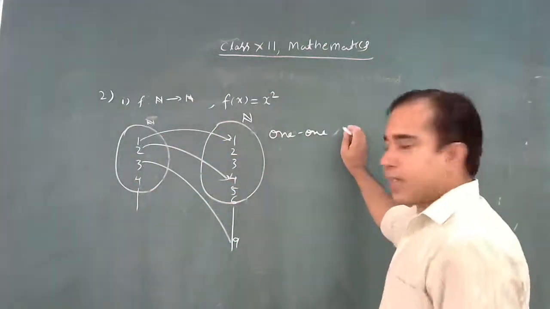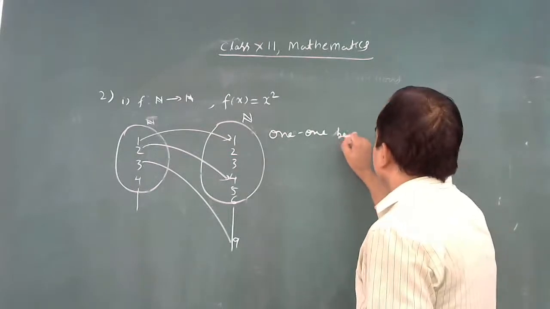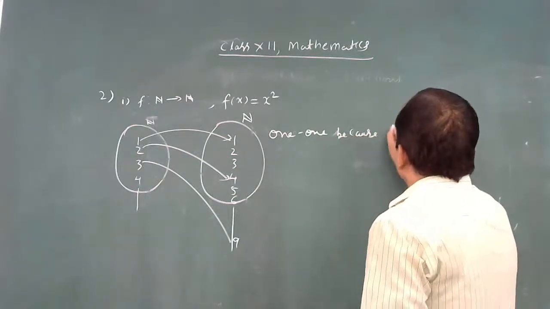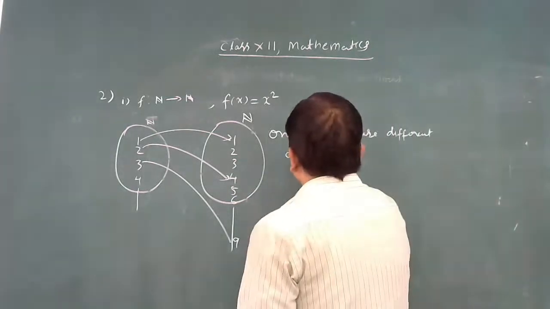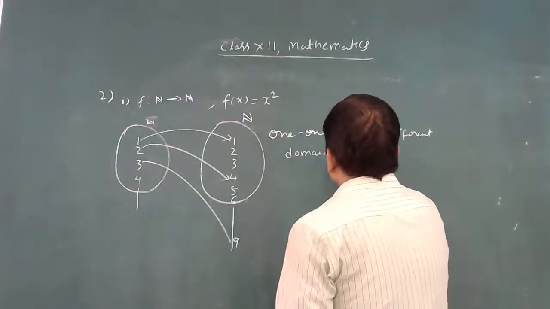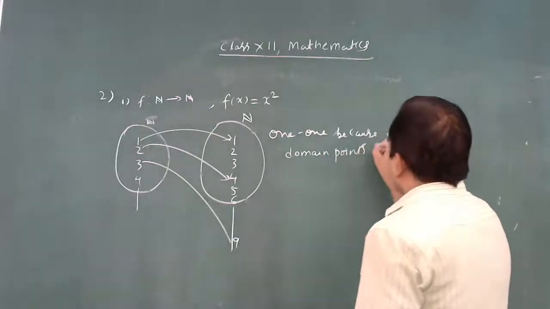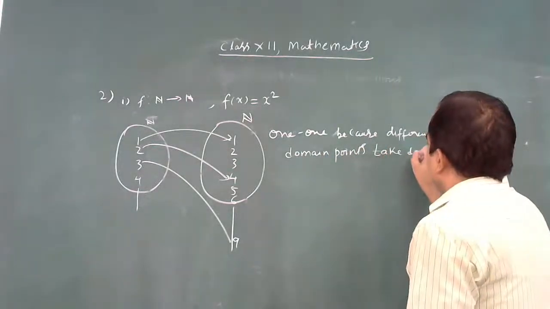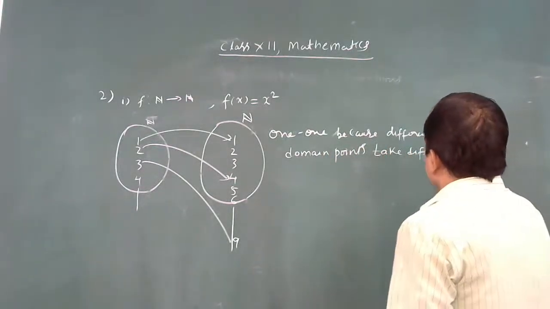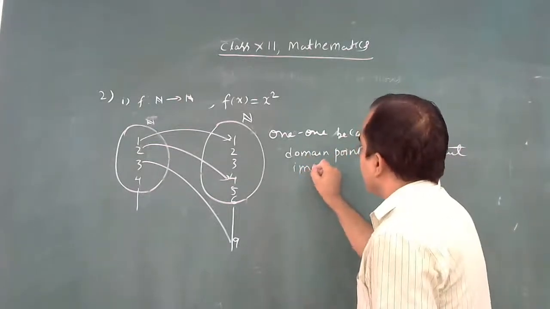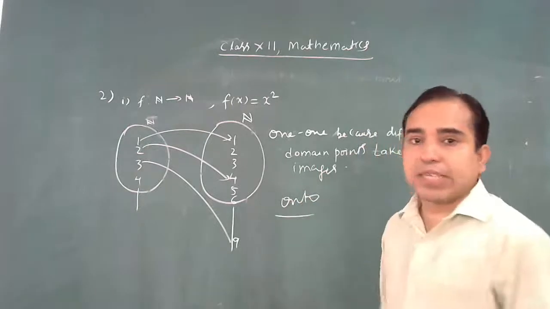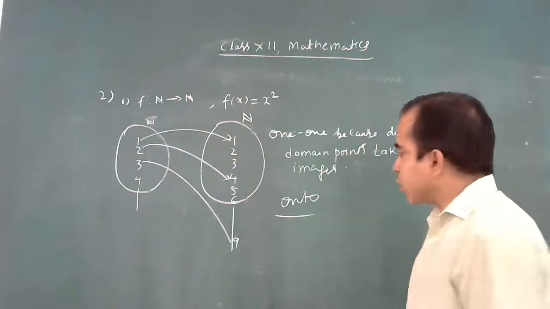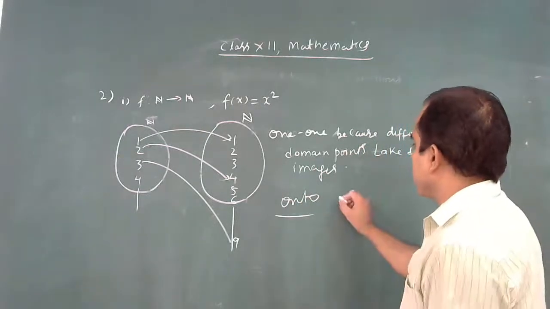चलिए इस पार्ट के लिए लिख लेते हैं कि 1 1 because different domain points take different images. ठीक है. Onto-ness because range is not same as codomain. ऐसे लिख सकते हो या फिर ऐसे लिख सकते हो.